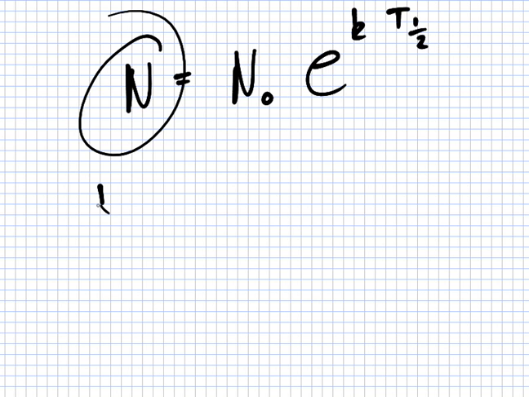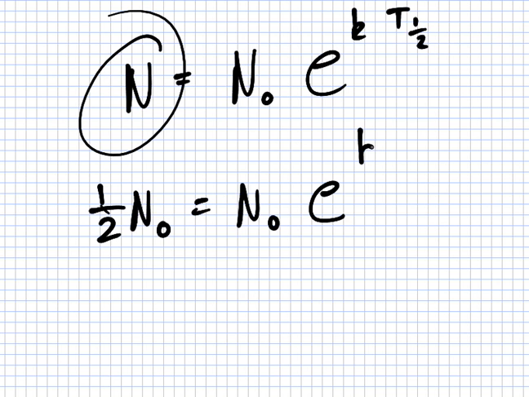So this would be N0/2 = N0 e^(-k t_half-life). What I'm doing is putting in the half-life time to try and find the formula for k. So I know when the time is the half-life time, I'll have exactly half of what I started with.